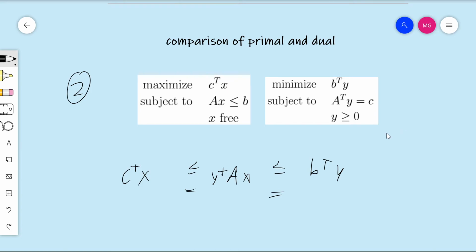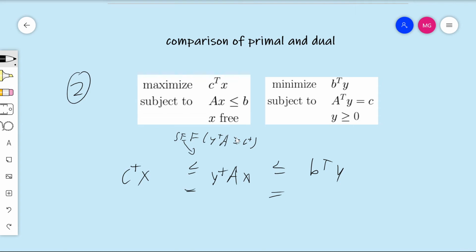So this is what we're always trying to do. First, let's take a look at these signs. We have a less than or equal to sign here when this is for standard equality form. This is for SEF. And we can impose this by imposing the condition on the y, that Y transpose A is greater than or equal to C transpose.